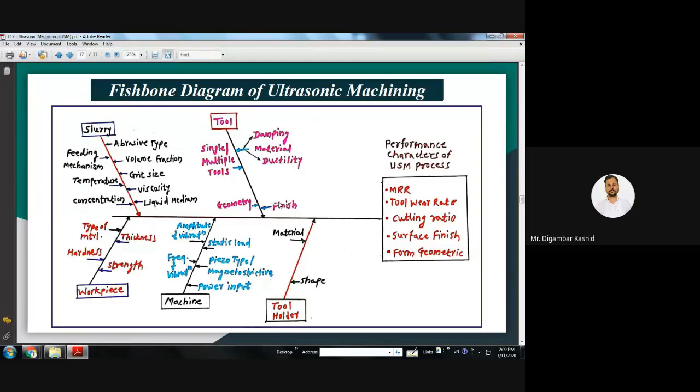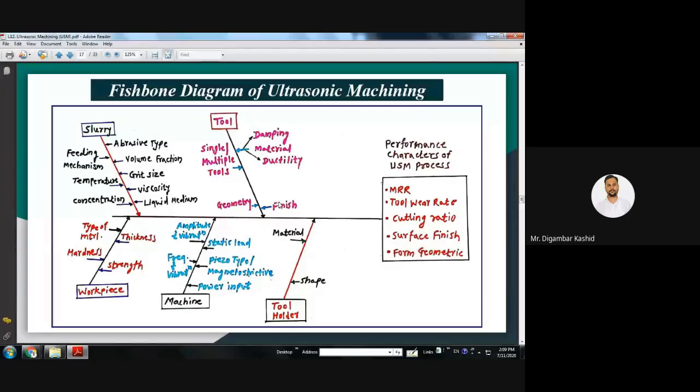As I have already mentioned before, if scratches or micro cracks are left on the tool surface, then it will quickly fail because of the ultrasonic vibration and the load acting over it. So surface finish of the tool is also an important parameter.